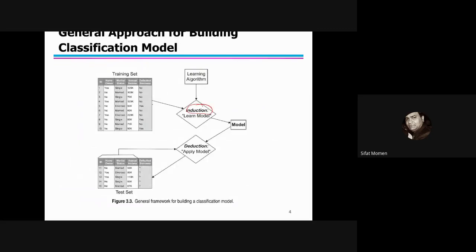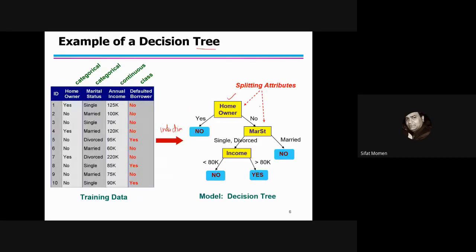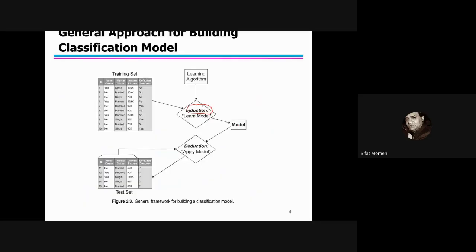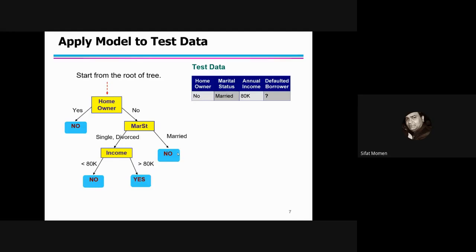When you learn a model from the data, that process is induction. So you have learned this model. Now you're going to use this model to make a prediction for a particular test data, and that is called deduction. Clear? Is that okay? So we're going to see how to deduce from the model.